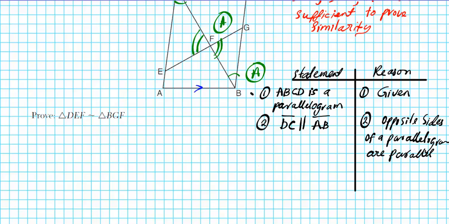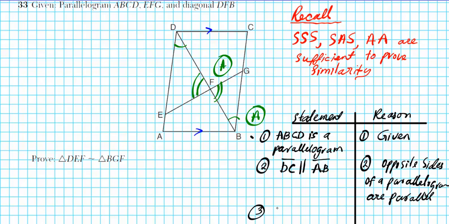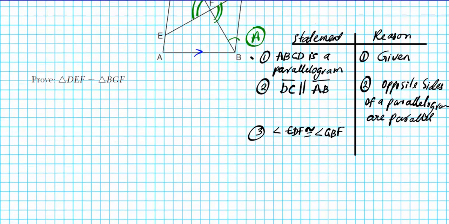Okay, so we have that down. Now we can go ahead and talk about those two alternate interior angles. All right, so angle EDF is congruent to angle GBF. And how do we know that they are congruent?